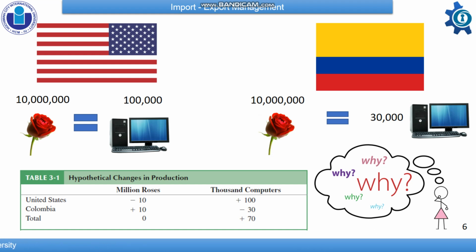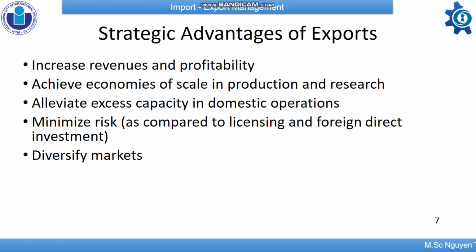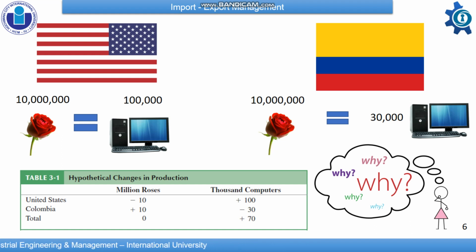So it helps make the economic pie of the world bigger, and then the standard of living of everyone will increase. Okay, that is the reason why we should do import and export.